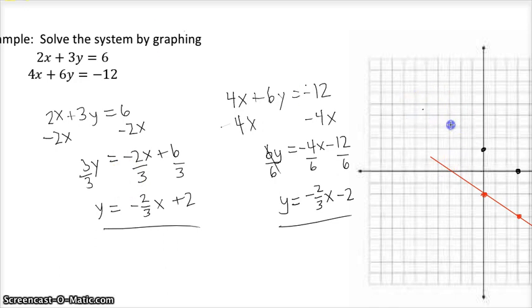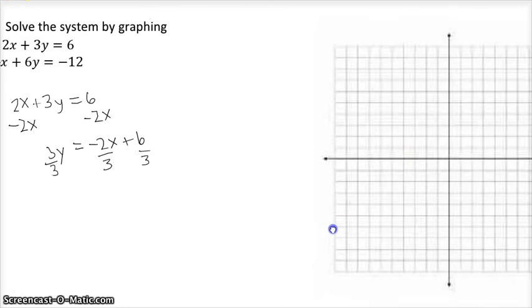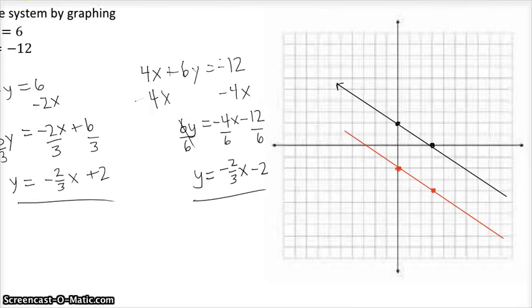Here's my second one. Now we have a problem. If I try to find a point where they meet, they don't appear to meet. Now I could continue to try and draw these and see if they do meet, but as you can see on the graph, they don't appear to be meeting anytime soon.